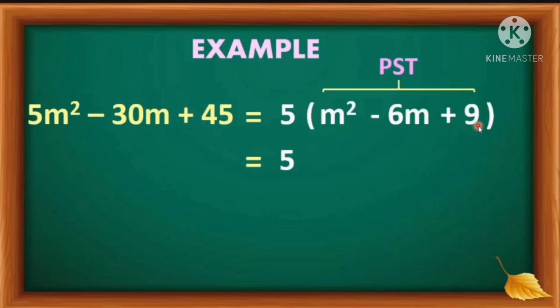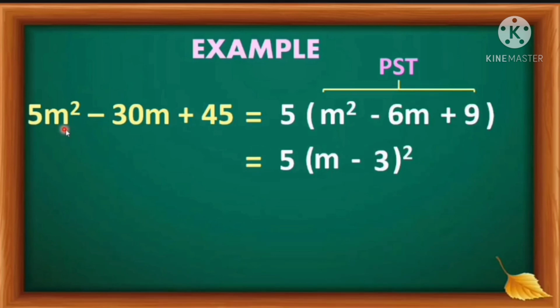Pag nagpa-factor tayo ng PST, maglagay na agad tayo ng pair of parentheses squared because its factor is the square of a binomial. First, what is the square root of m squared? That is m. Since the middle term here is negative, the operation between the two terms here would be subtraction, minus, and that is negative. And then the square root of the third term is 3.